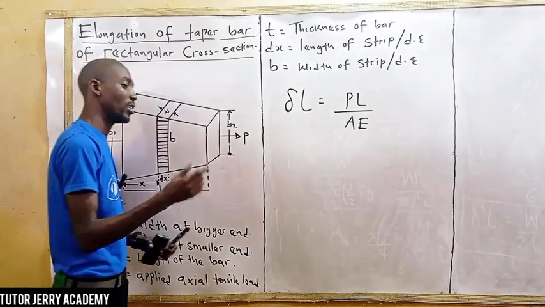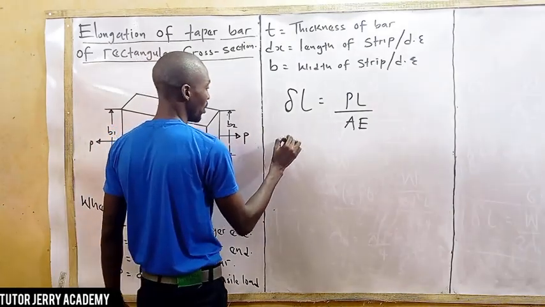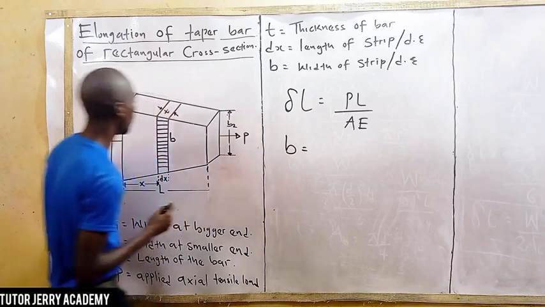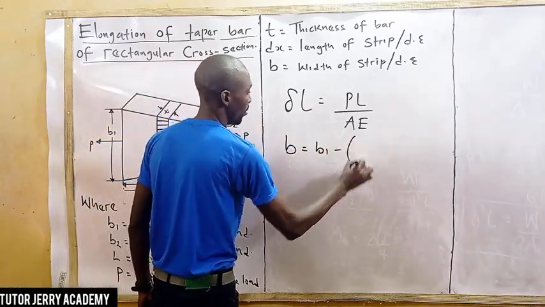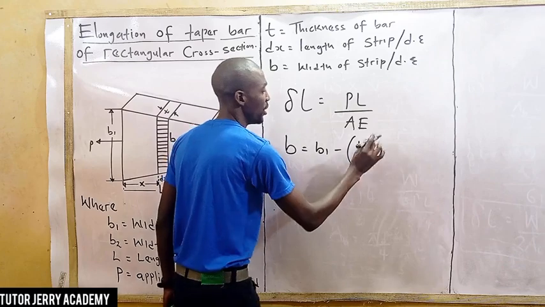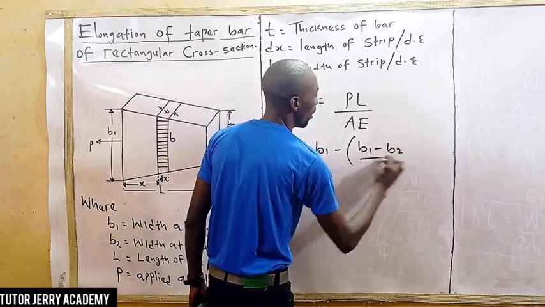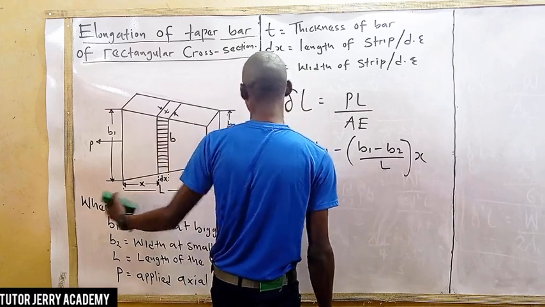So how do we look for this? Using the unit method, B is equal to B1 minus B1 minus B2 all over L, everything multiplied by S. All right.